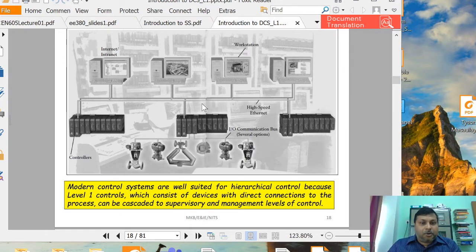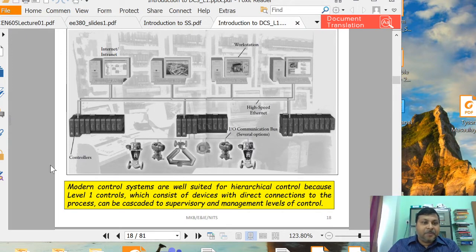These controllers can be computers. You can also observe several consoles, several computers, which are labeled as workstations. The uses of these computers will be different depending on the level at which they are sitting.